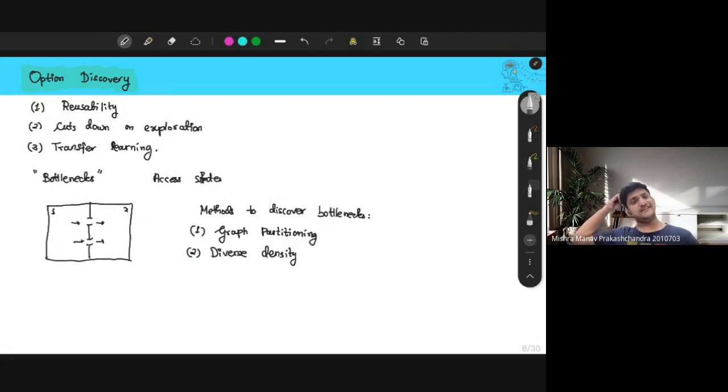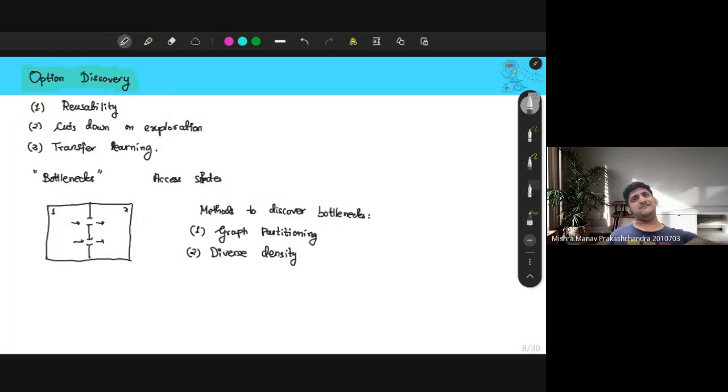You look at the history of the trajectories: you have a bunch of trajectories that were successful and a bunch that were unsuccessful. The occurrence of a particular state in the successful trajectories would be disproportionately more than the occurrence of other states in the unsuccessful trajectories. This is a good indicator of a bottleneck.